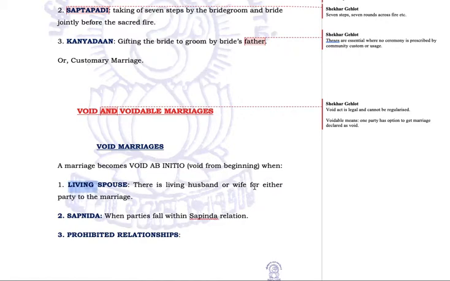There is living husband or wife for either party to marriage. Two people are marrying, but one of them already has a spouse who is living, and their marriage is also subsisting. That is why we are calling him a spouse. Otherwise, we would have called him ex wife or ex husband. We are calling spouse. That means they are still married, and then the person is performing a second marriage. Then this marriage will be void. Second marriage is not allowed. Okay, second marriage is void.